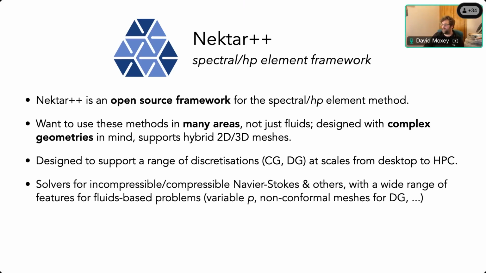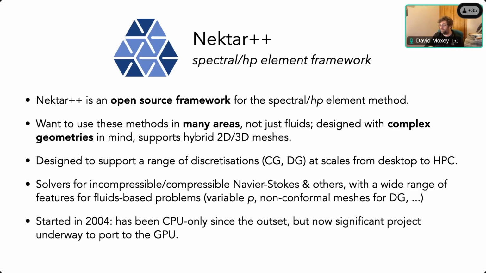We have a range of solvers. I'm going to talk mostly about just the incompressible Navier-Stokes solver, just to give you a flavor of one of them, but we have a range of different solvers, including compressible Navier-Stokes, and it has a fairly feature-rich environment at this point, because we've benefited from a significant amount of development.